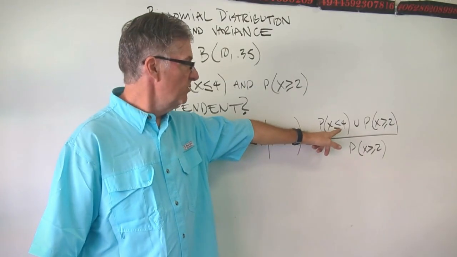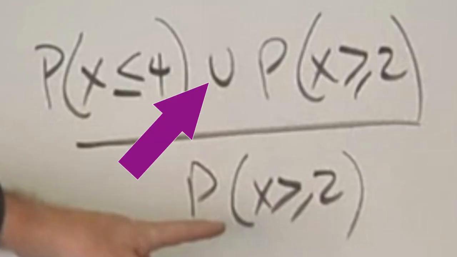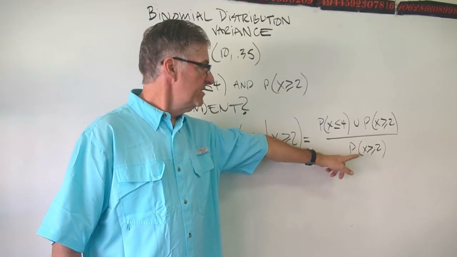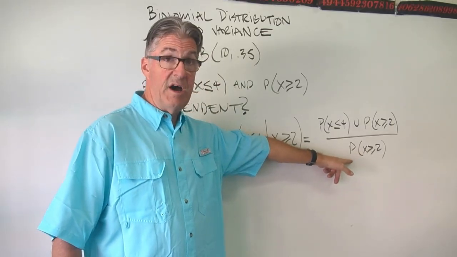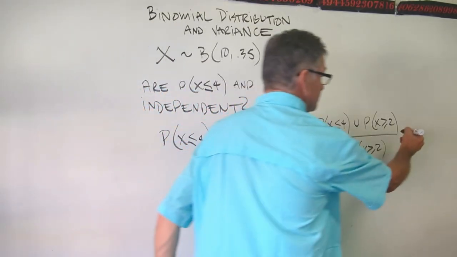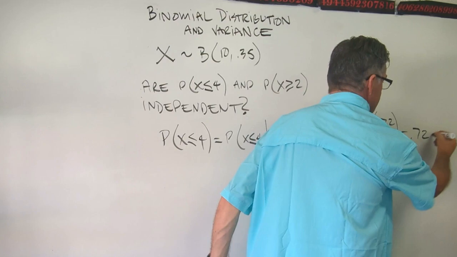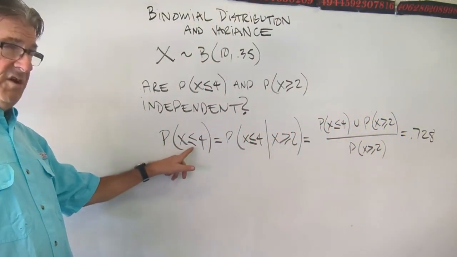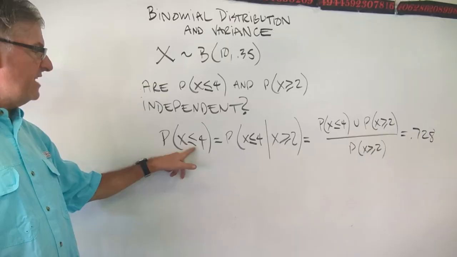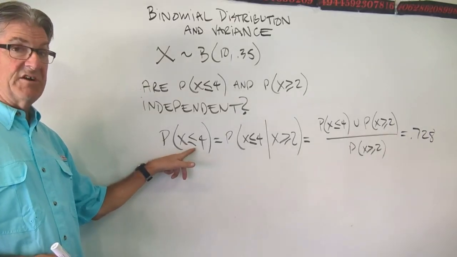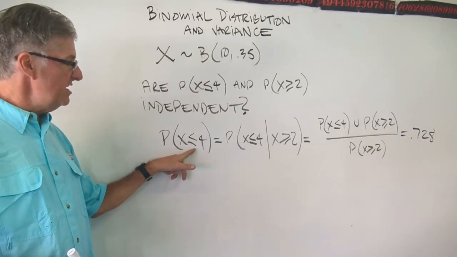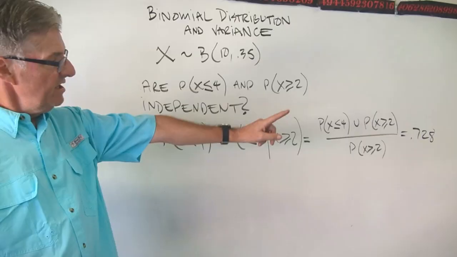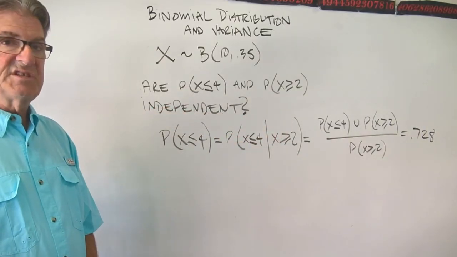We found out that it was the intersection divided by the given part on the bottom, and what we got for that was 0.728. So, we don't have this one yet. We need to find out the probability of getting less than or equal to 4. So pause the video, do that calculation, and check and see if it's the same as 0.728.